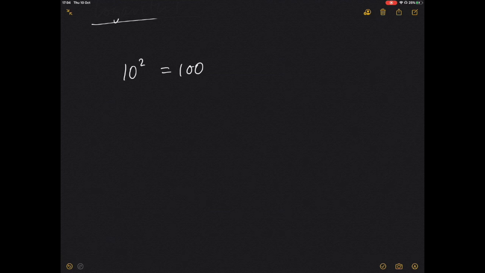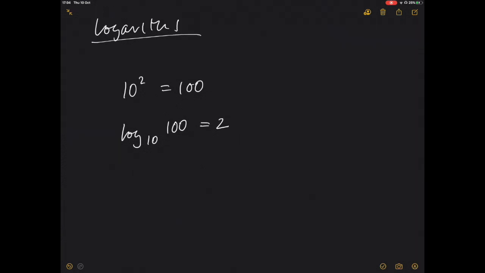So this whole relationship could be abbreviated to say that log to the base 10 of 100 equals 2. This is basically changing the main point of the sentence and putting it onto this 2, instead of thinking about the 10, which is the base.